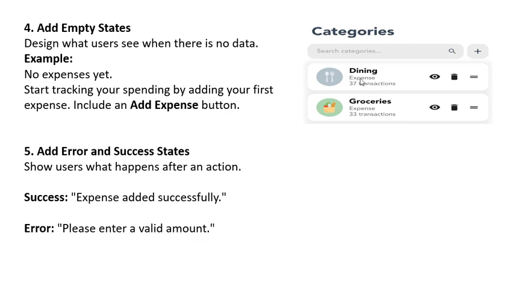When adding an expense, all the details have to be written correctly, and after submitting, the expense added successfully message is shown. Otherwise, if there is any mistake in the category or the amount, the error message please enter a valid amount is shown.